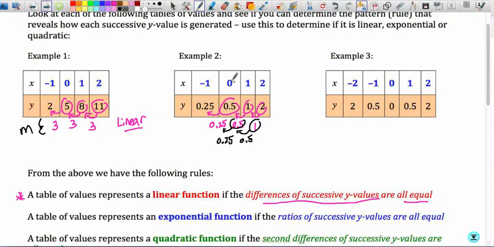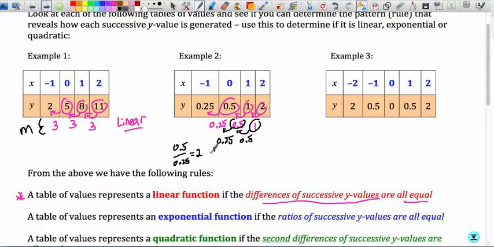And what we're going to do now is test for the third option, which is using ratios. So we're going to use division. Same idea, we're going to pick a term and divide by the previous term. So I'm going to have 0.5 and I'm going to divide by 0.25, and in this case the answer is 2.